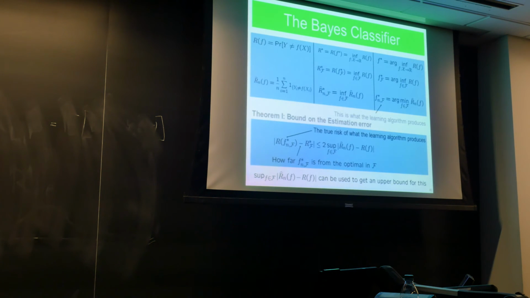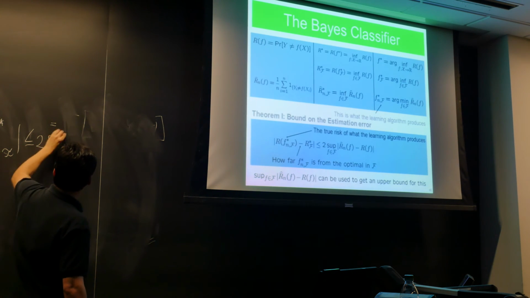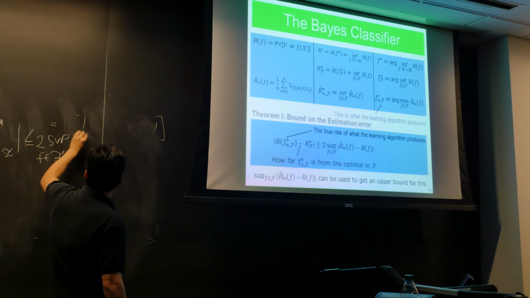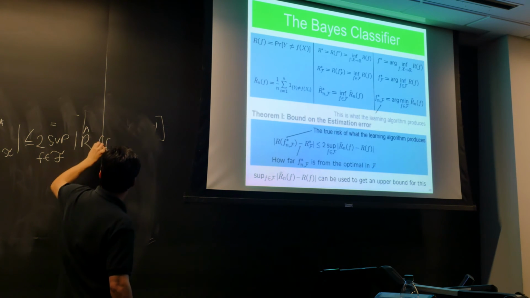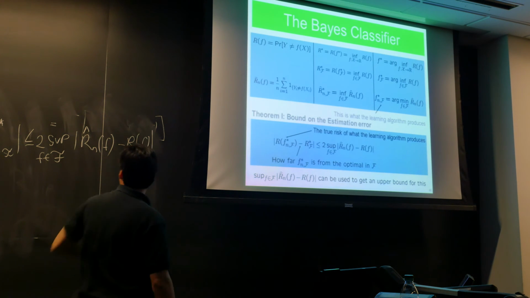All right, so the two theorems we have. The true risk of f star n f, the empirical risk minimizer, minus the true best possible risk in function class f, is less than 2 times the supremum over functions in this function class f of the empirical risk of function f minus the true risk of function f. So that's theorem 1.